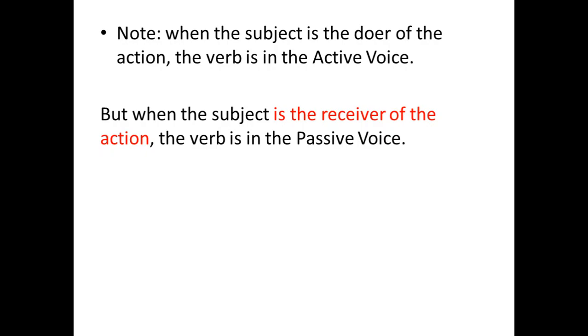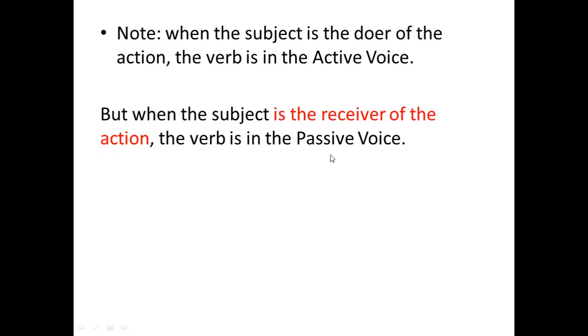When the subject is the doer of the action, the verb is in the active voice. But when the subject is the receiver of the action, the verb is in the passive voice.